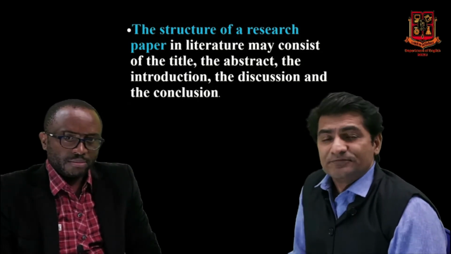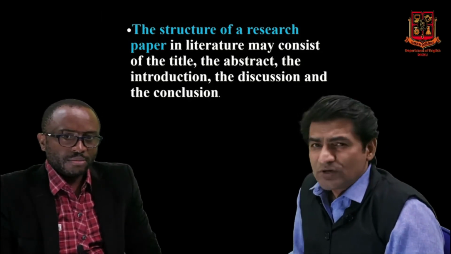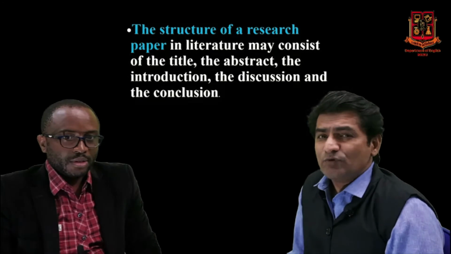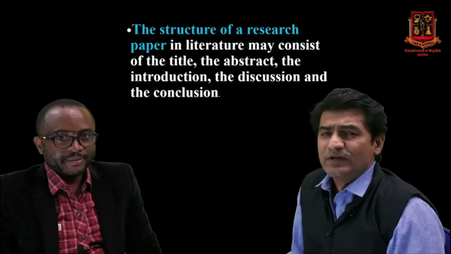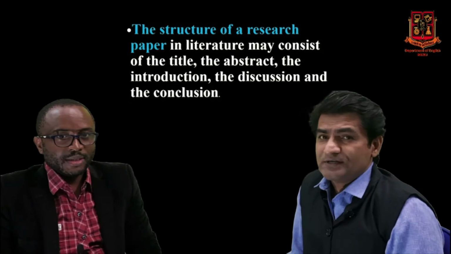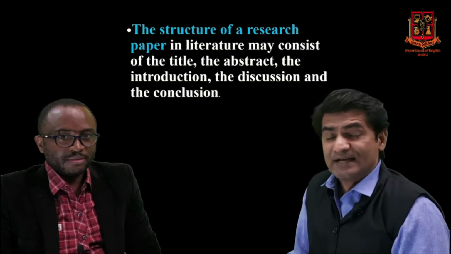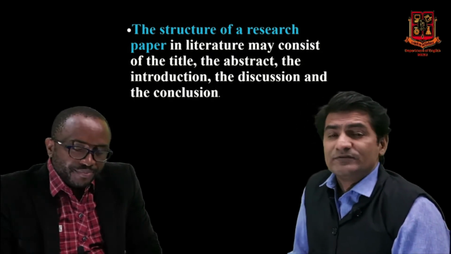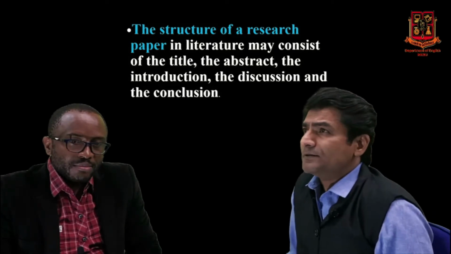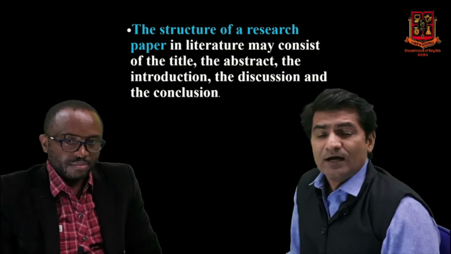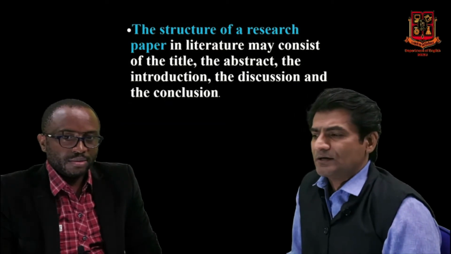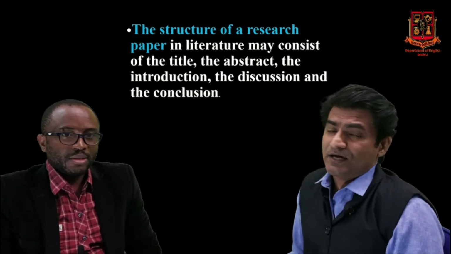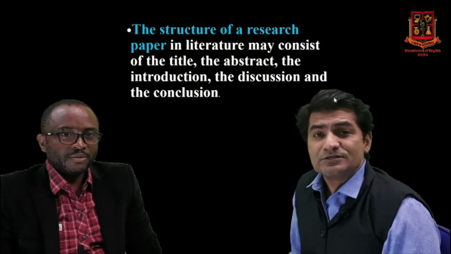Dear friends, research papers also have different structures depending upon the discipline. But in general, any research paper will have a meaningful title, an appropriate abstract, a catchy introduction, a meaningfully and significantly argumentative discussion, and a conclusion.